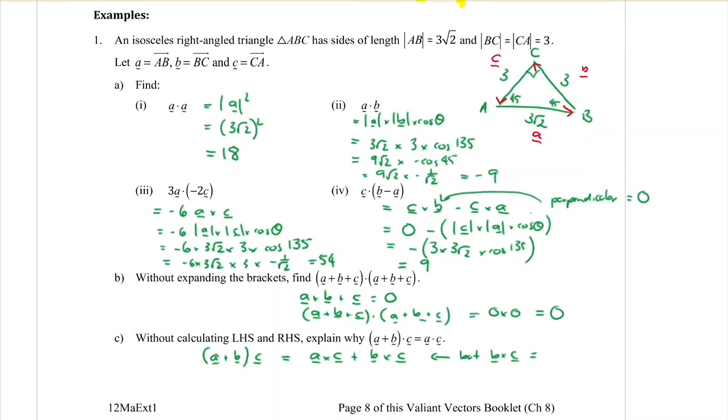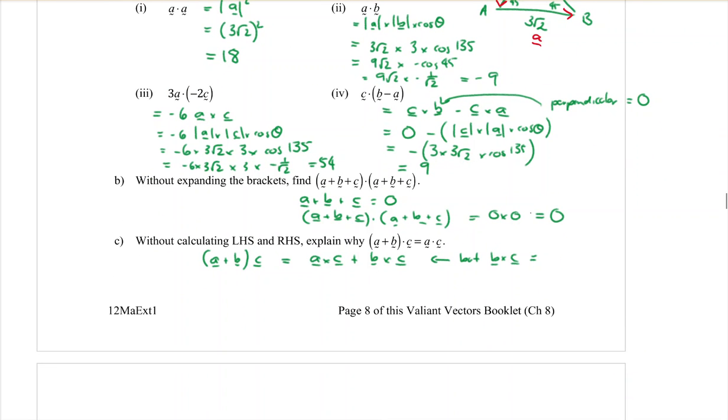They are perpendicular. So vector B times vector C is going to be equal to 0 because they're perpendicular. So that means the B times C is nothing, and I'm simply left with vector A times vector C, which was the right-hand side of that equation.